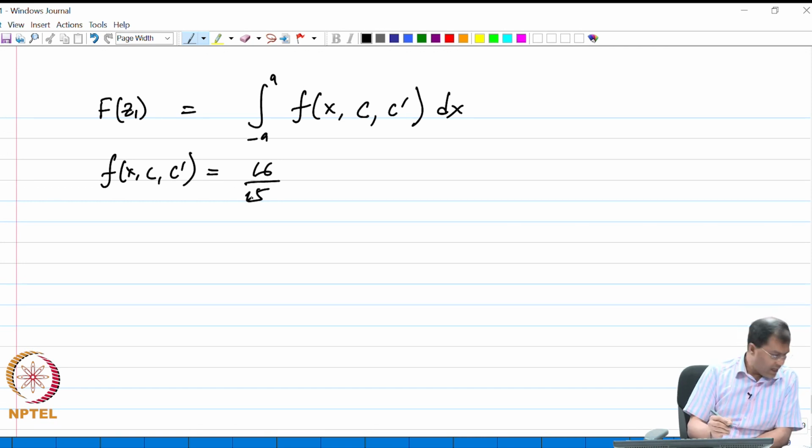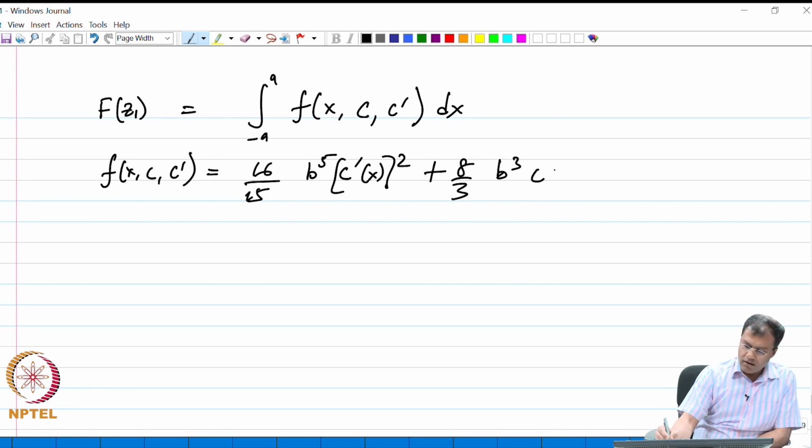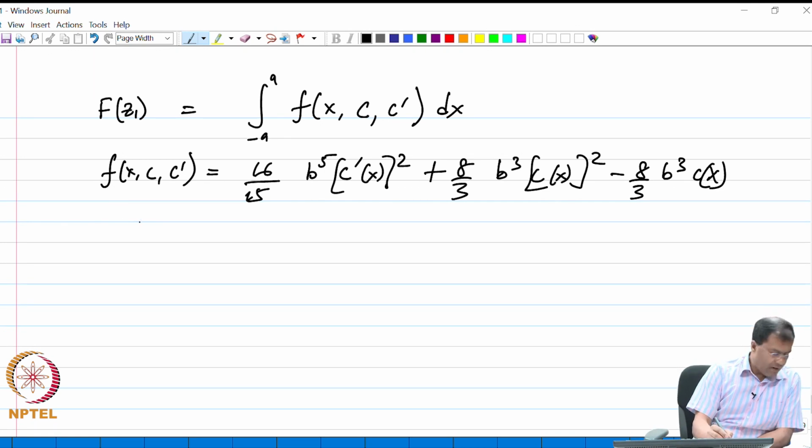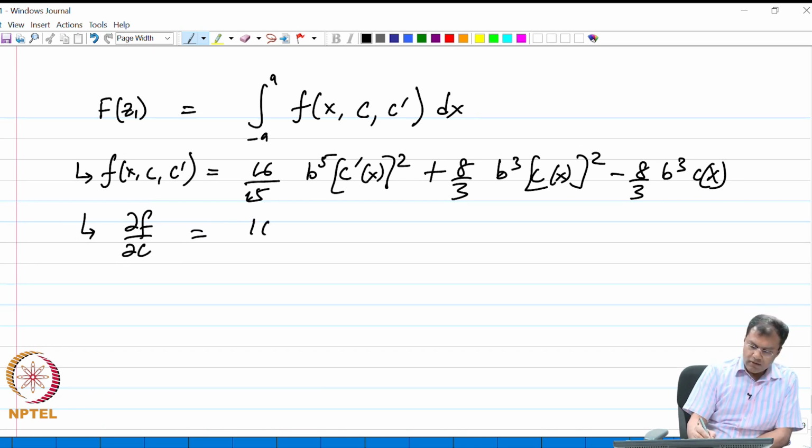So, let me just quickly write it down. This is b to the power 5 c prime of x whole square plus 8 by 3 b cube c of x whole square minus 8 by 3 b cube c of x, and we see that when we take the derivative of f with respect to c, 16 by 3 b cube c x minus 8 by 3 b cube.